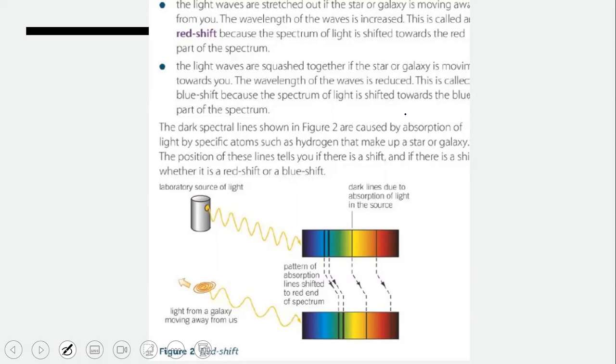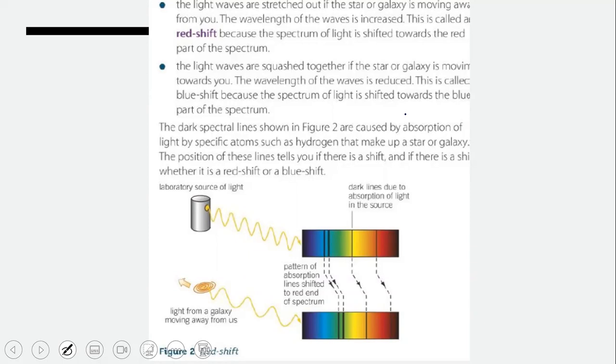Okay. So basically, there was a question. Is the universe expanding? Is the universe compressing? Or is the universe stable? Is the universe moving away from us? Is the universe coming towards us?